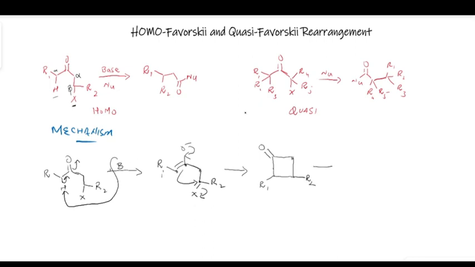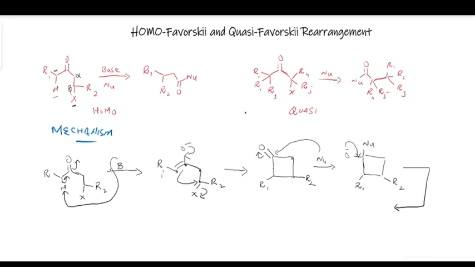In the next step, the nucleophile attacks the carbonyl carbon, forming this oxyanion. This oxyanion will collapse back to form a carbanion.